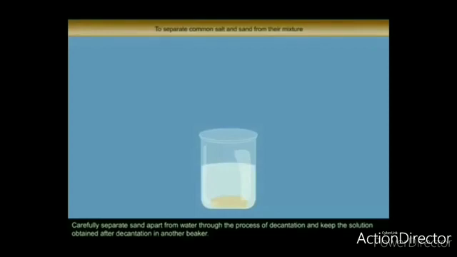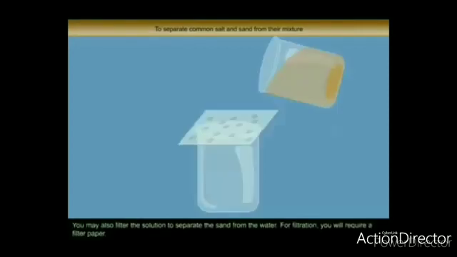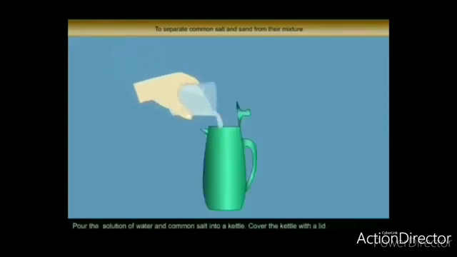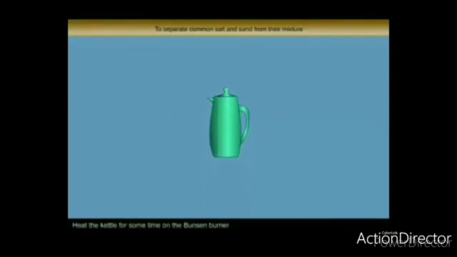We can also use another technique: we can use the filter paper and separate the sand from the salt solution. This is called dissolving. So again here we have separated the sand, but here we got salt water and we need to separate the salt from water. Now we come to the next process called evaporation.